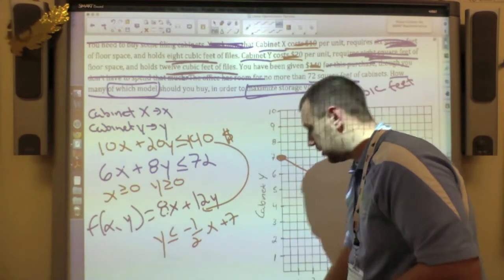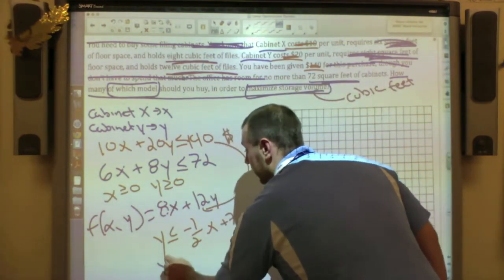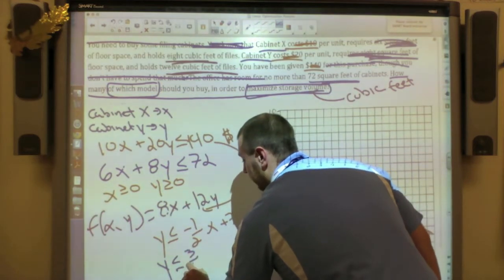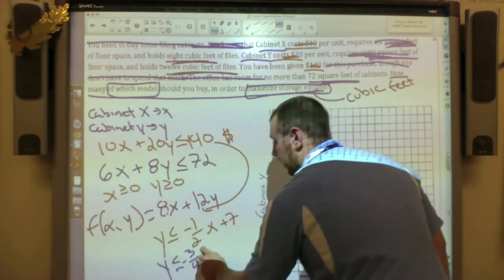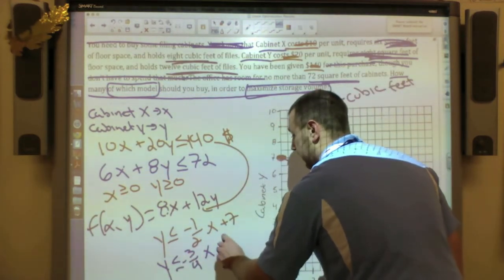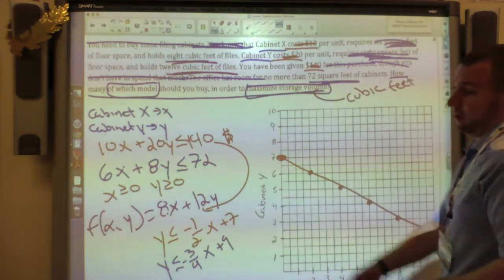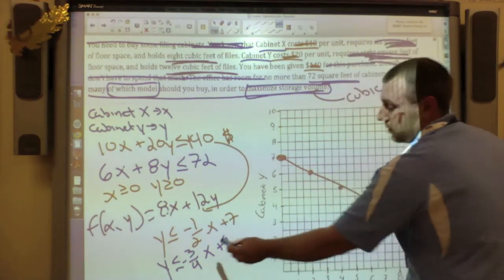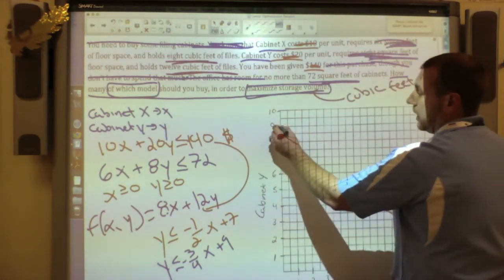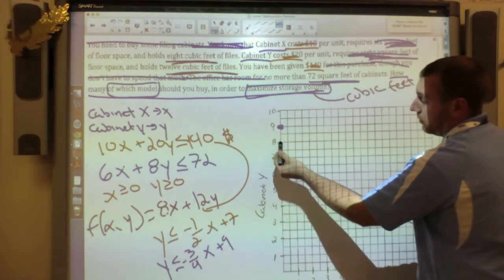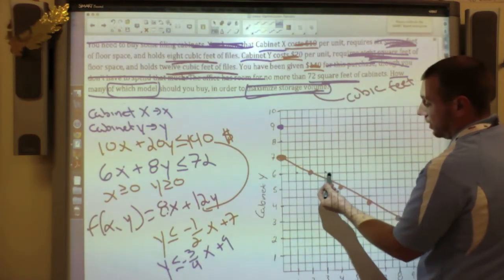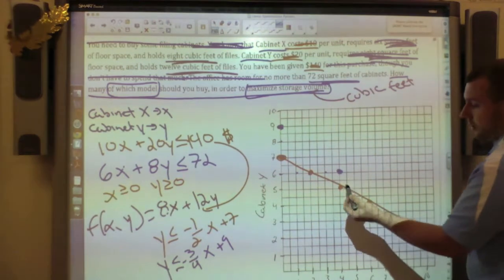Second equation is going to come out to be y is going to be less than or equal to negative 3/4 x plus 9. Okay? Subtract 6, divide by 8, and I'm going to get this. 9. I'm going to go down 3. 1, 2, 3. Over 4. 1, 2, 3, 4. Down 3.